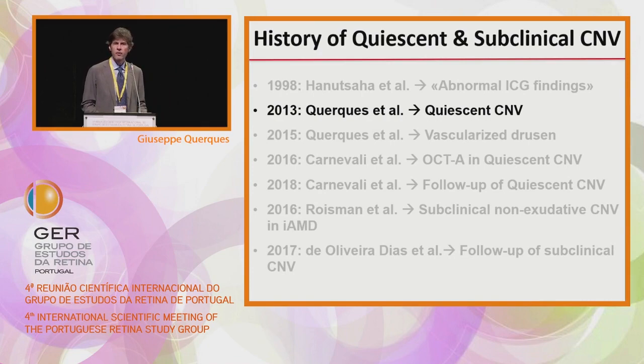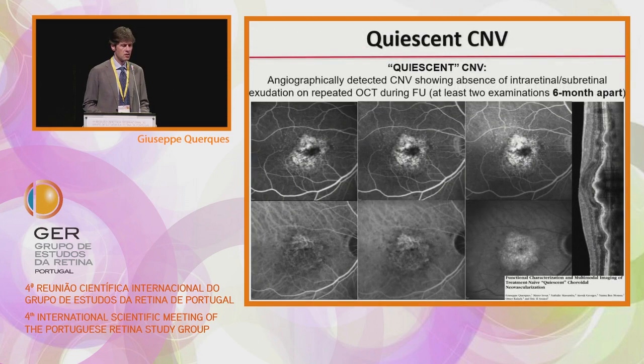Then, more or less 15 years later, our group, and I was the first author of this paper, introduced the term quiescent macular neovascularization, at that time quiescent choroidal neovascularization. Type 1, treatment-naive quiescent neovascularization. And this is the typical picture of a quiescent, treatment-naive type 1 neovascularization. You can see that there is no clear evidence for type 1 neovascularization on FA, as it is an occult neovascularization, while we can nicely see this late plaque on ICG.